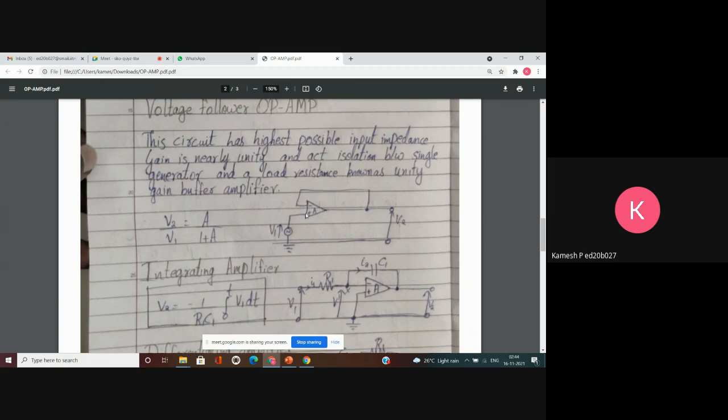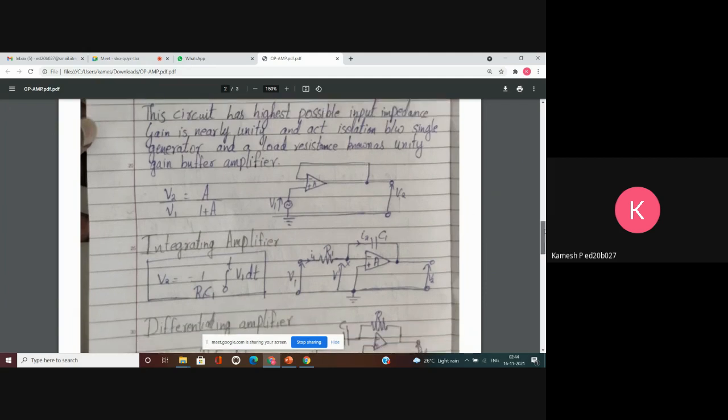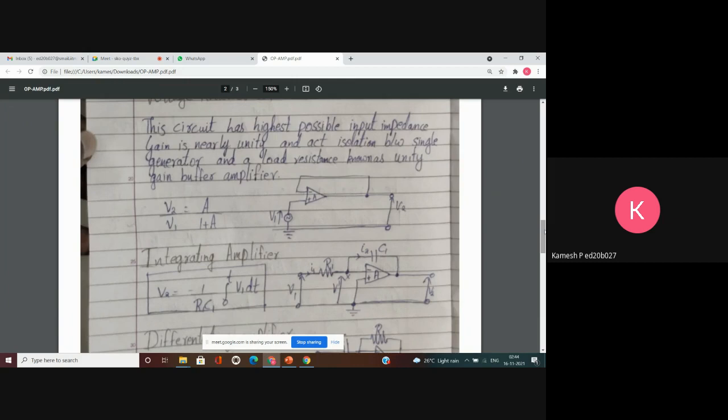This is known as the unity gain buffer amplifier, when the gain is nearly unity and Rin is far greater. V2 by V1 is equal to A by (1 plus A).